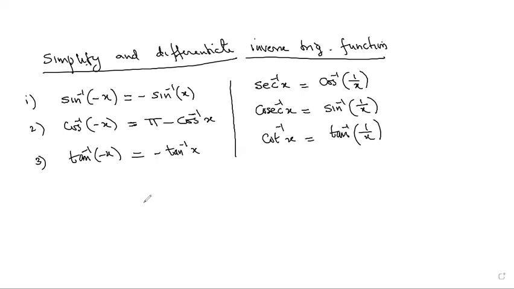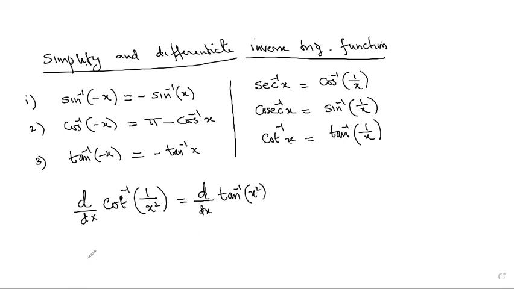So if I am supposed to differentiate, imagine I want to differentiate cot inverse of 1 by x square. I have a 1 by x square here. What it says is cot inverse can be converted to tan inverse by taking the reciprocal.